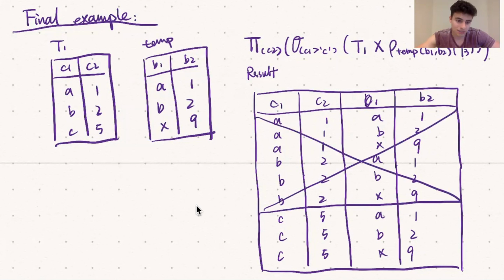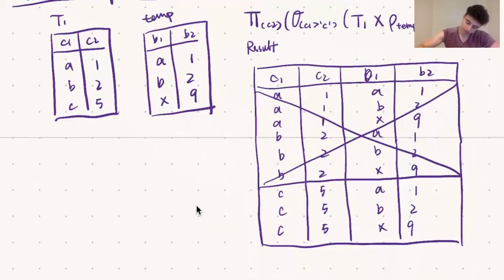Now, lastly, we want to project only C2, which means we're going to cut the entirety of C1 and the entirety of B1 and B2, leaving us with just this kind of funny looking relation that has C2 as an attribute and 5, 5, 5 as its values.